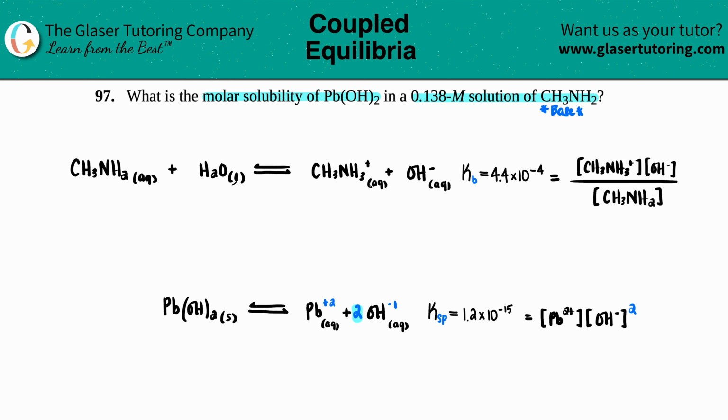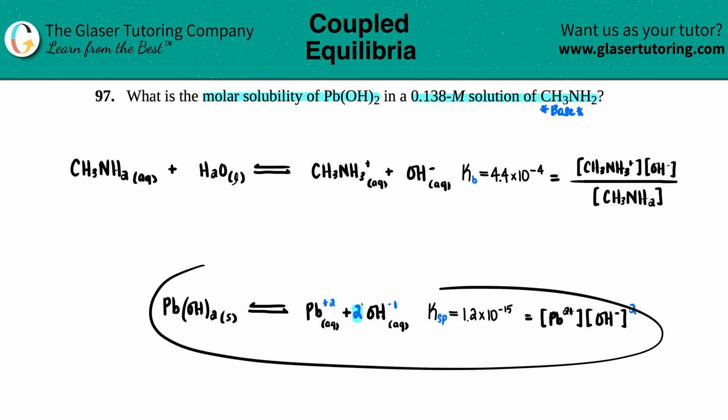What's the one ion that's the same? Yeah, you're absolutely right. It's the OH minus. That's the tie between the two of them. Since we have more information for CH3NH2, I can find out the OH minus to plug into this equation. And now I transfer it over and I'm in the right equation that I need to be in.